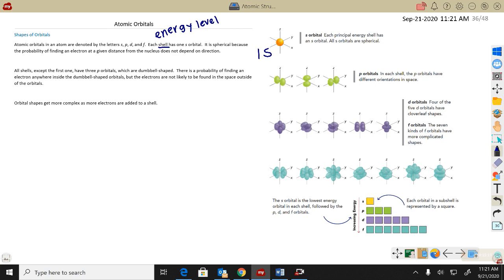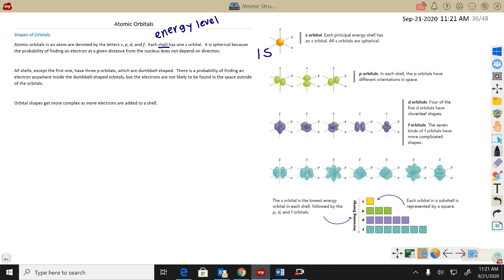Where these axes all meet, that's the nucleus, in the middle of this orange bubble. It's just that the nucleus is so teeny, tiny compared to the size of the electron cloud that they're not even showing it in any of these pictures.